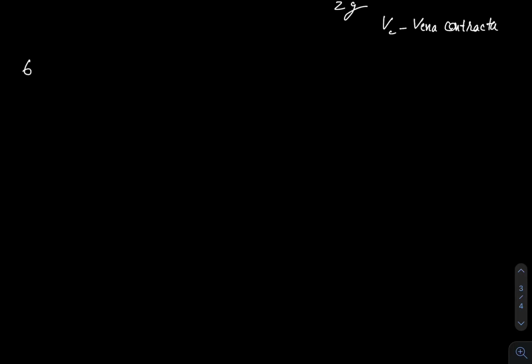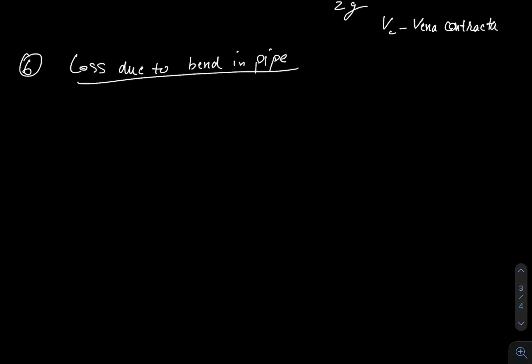Let's move forward. What's the next case? It's the loss due to bend in pipe. It's very simple. Here H is equal to K into V square by 2g, where V is the velocity at the bend.